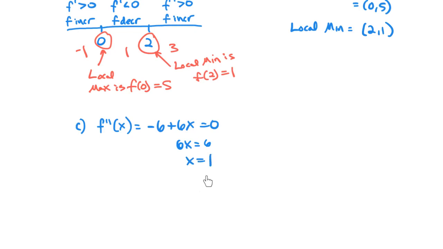So what this means is this is an x-coordinate of a possible inflection point. We don't know if it's an inflection point yet. So what we have to do is check concavity on each side of this point. So here's 1. It will be an inflection point if concavity changes from one side to the other.